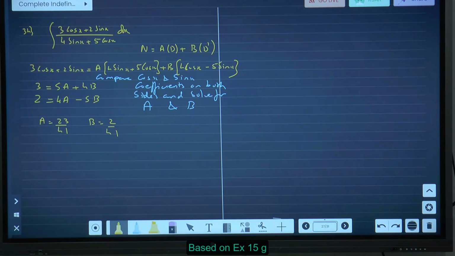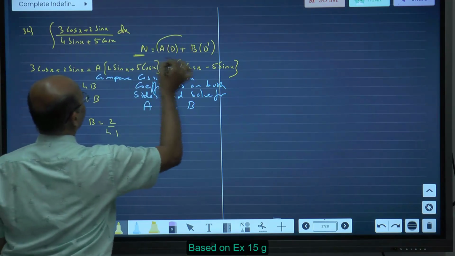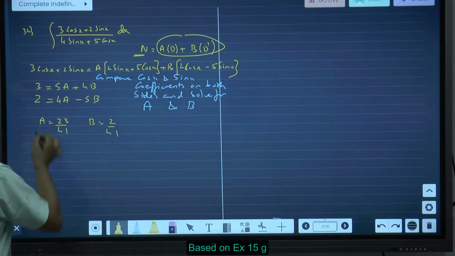Okay. Once you finish with this, then the working is very simple. Remember, this numerator should be written in this format, because if you simplify you get the numerator only.